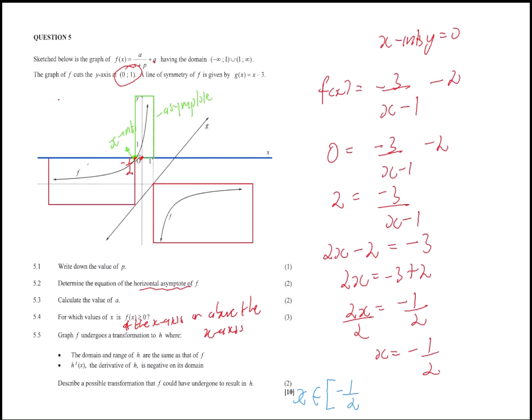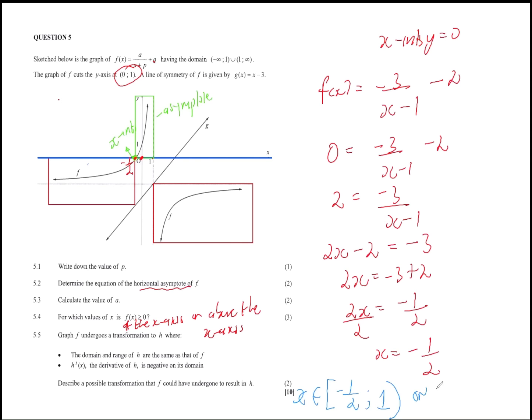So at -half, we can see the graph is exactly stationed at the x-axis. So we want to have -half all the way to 1. But when I write 1, I'm going to use round brackets, because 1 should not be included in the critical values, because it actually is an asymptote. Your graph will not touch it.